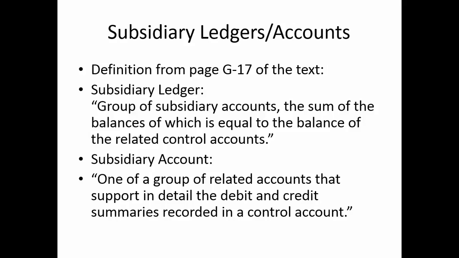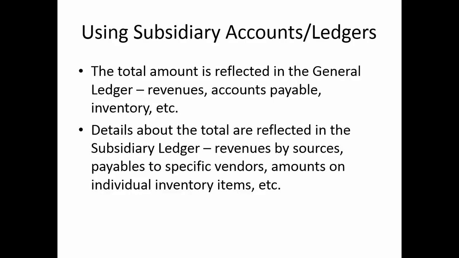So right now we're looking at the subsidiary account that is part of the subsidiary ledger, and this information ties into, reconciles to the amounts in the control account. And these are total amounts that are posted into the control account. The total amount is reflected through the postings in the general ledger.